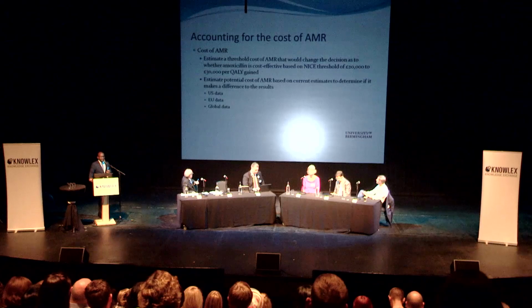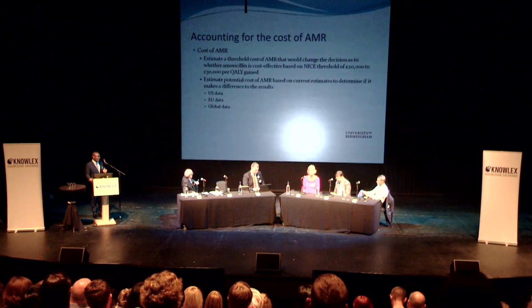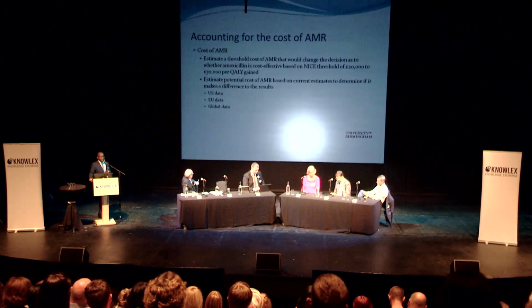And then the second step was to estimate, based on current data, the cost of resistance per prescription. And for this, we had to make an assumption that the main driver of antimicrobial resistance is antibiotic consumption and antibiotic prescriptions. So we found data from 3 sources.